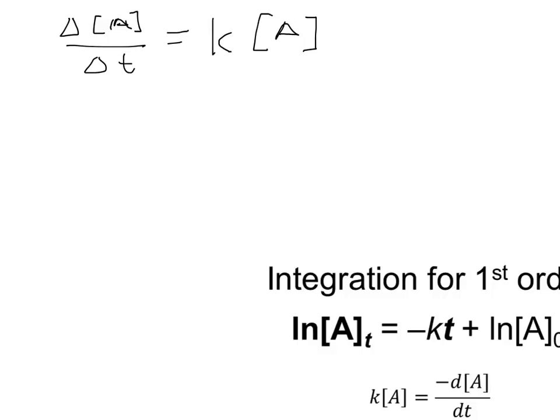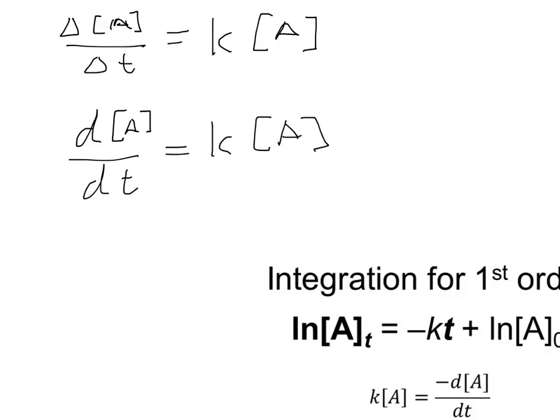Remember how on one of our previous examples we replaced those triangles, those Greek letters deltas, with d's. d's and deltas are the same thing. If you've had math class, though, you know that d is the product of differentiation. One other thing, all of our reactions are expressed in terms of reactants, and reactants always decrease.